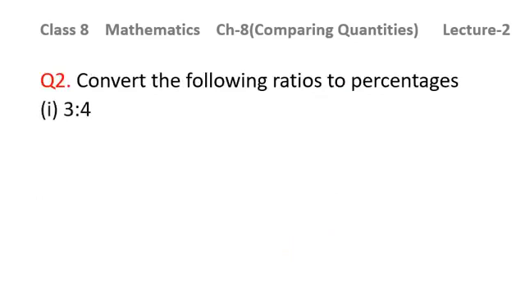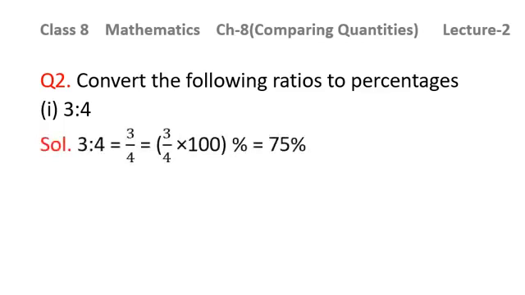Coming to question number 2. Convert the following ratios to percentage. Children, I have explained this topic with the help of an example. So here I have taken only one part of this question. The other part you are supposed to do on your own. The part is 3:4. We need to convert 3:4 into percentage.